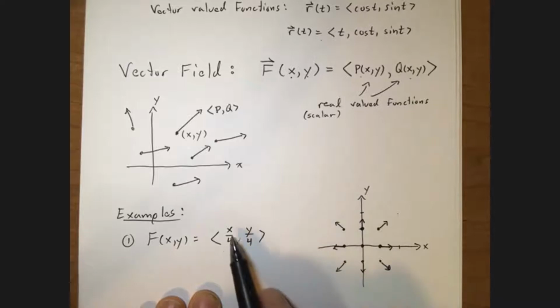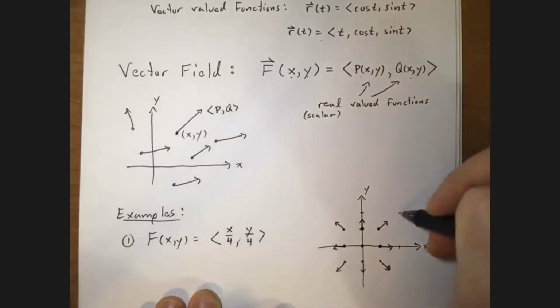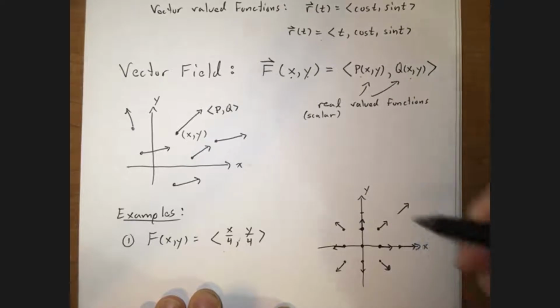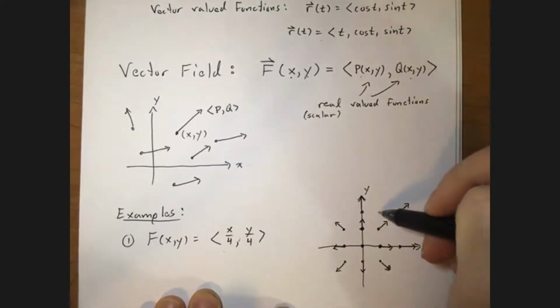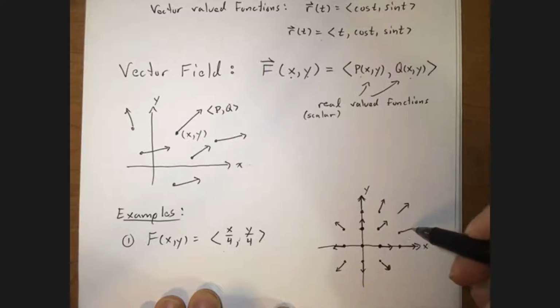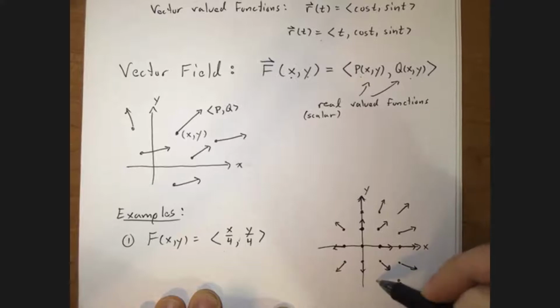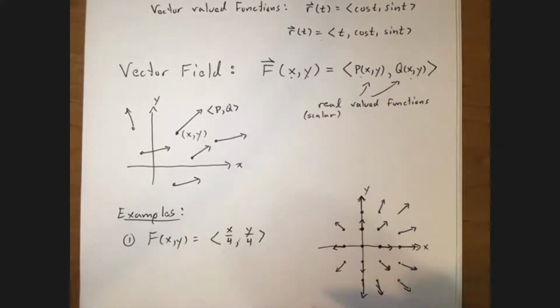Now I'm plugging in 2 for x and 2 for y, so I get the vector 1/2, 1/2. So it's a little bit longer. And so the vectors get longer as I go out. At every point, I'm going to be assigning a vector. I can just keep going through here and doing this, and you fill up the space with a whole bunch of different vectors.